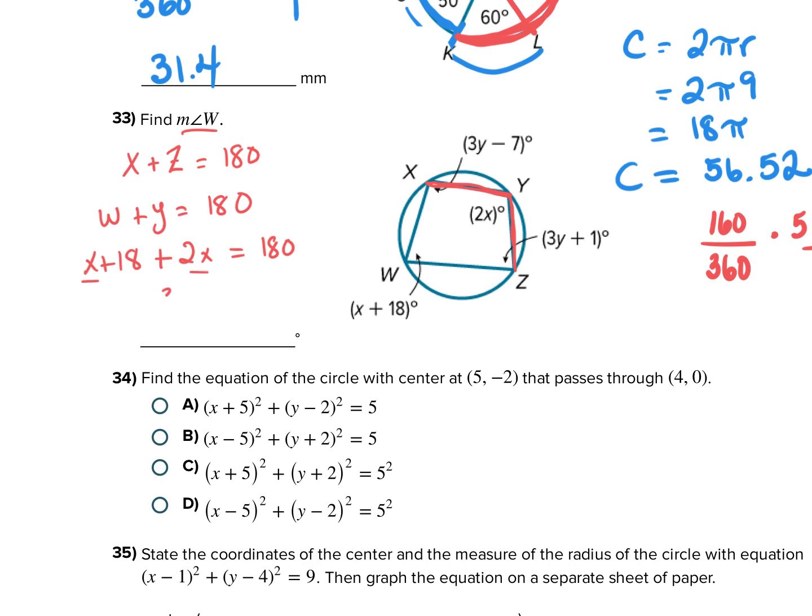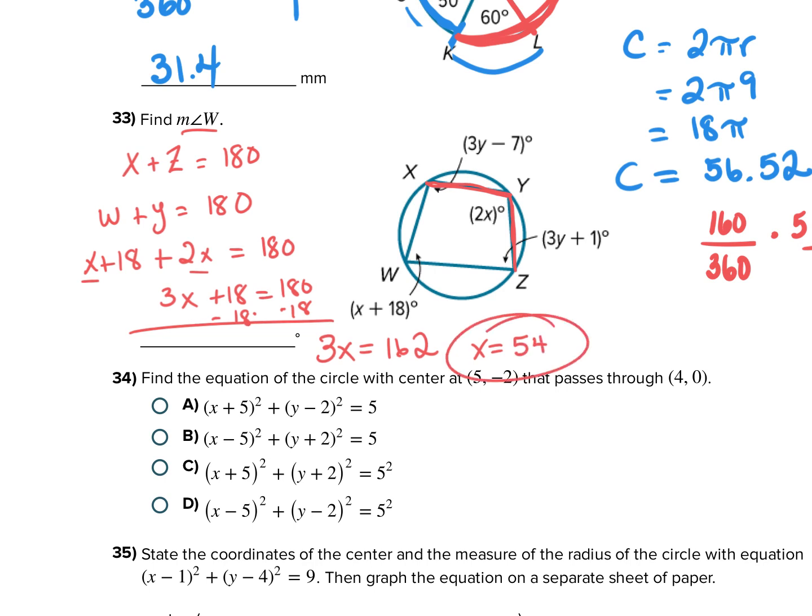So add my x's, so I get 3x plus 18 equals 180. Subtract 18 from both sides. And 180 minus 18 gives me 162. And I'm left with 3x, so when I divide by 3, I get x is equal to 54.